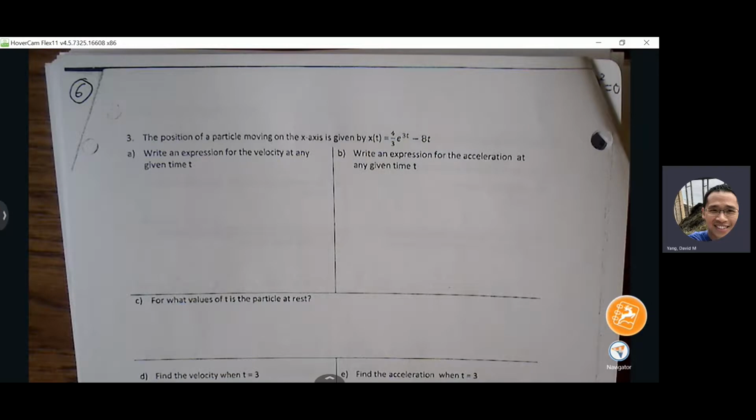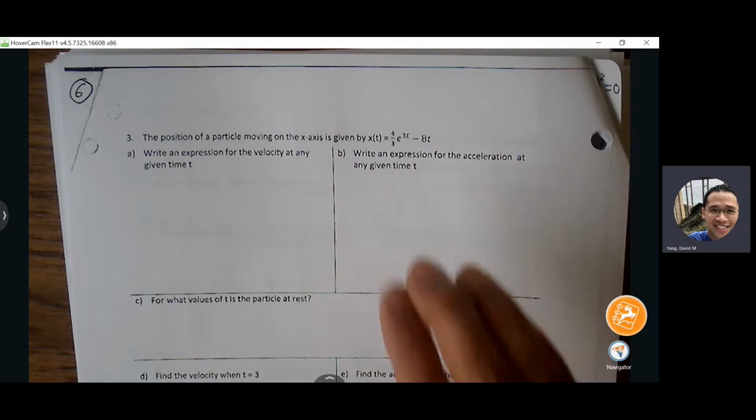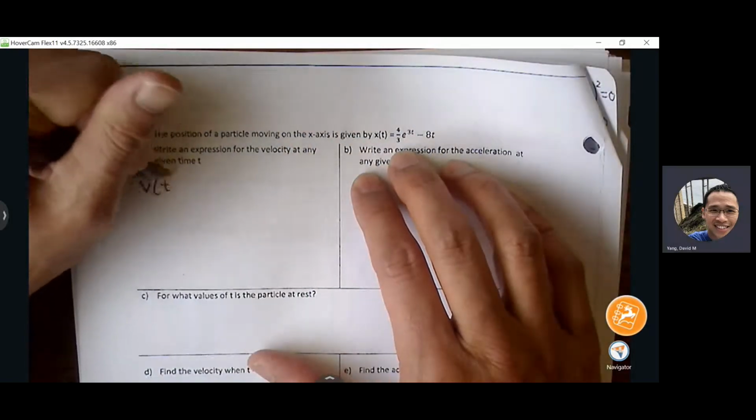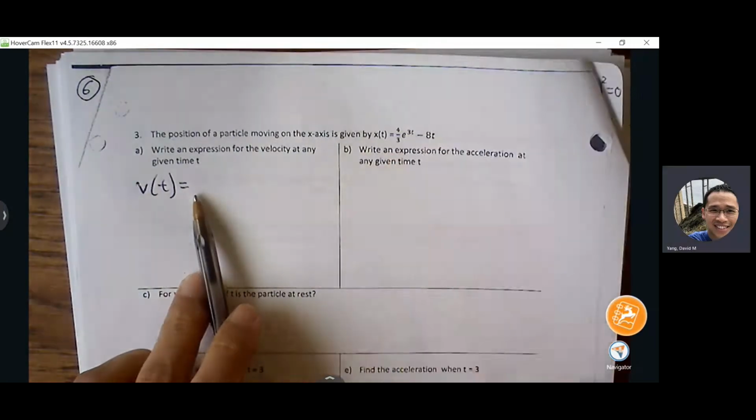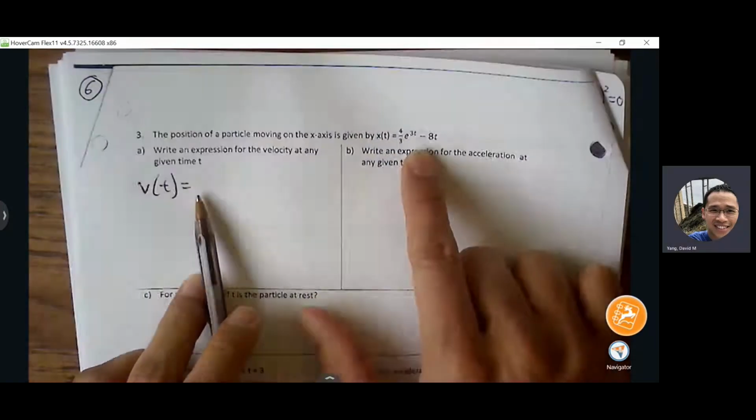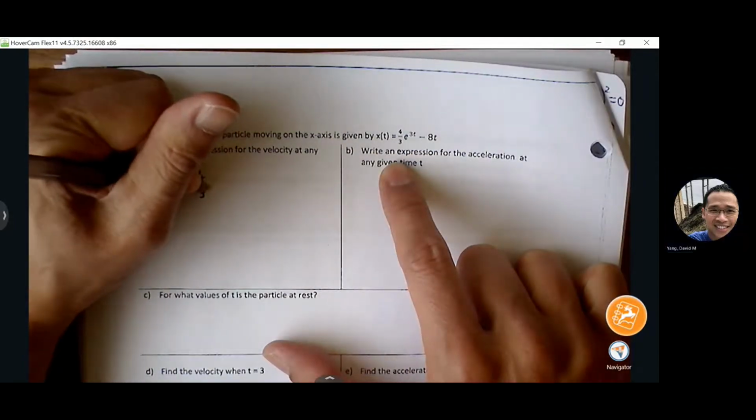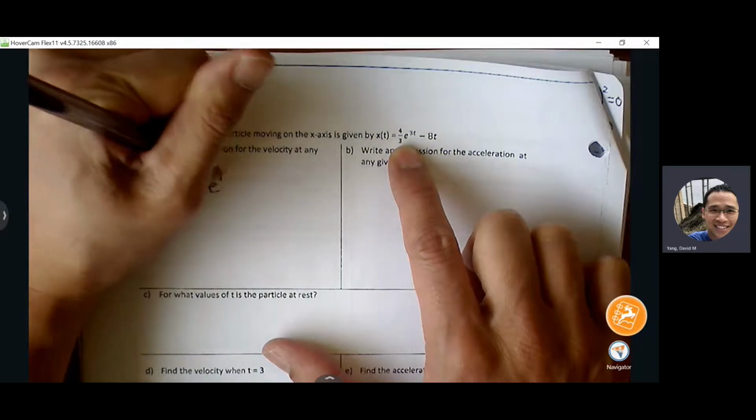We can apply the rule for e to the u. e to the u times u prime. Let me try that. Keep the 4/3. e to the u becomes e to the u times u prime.